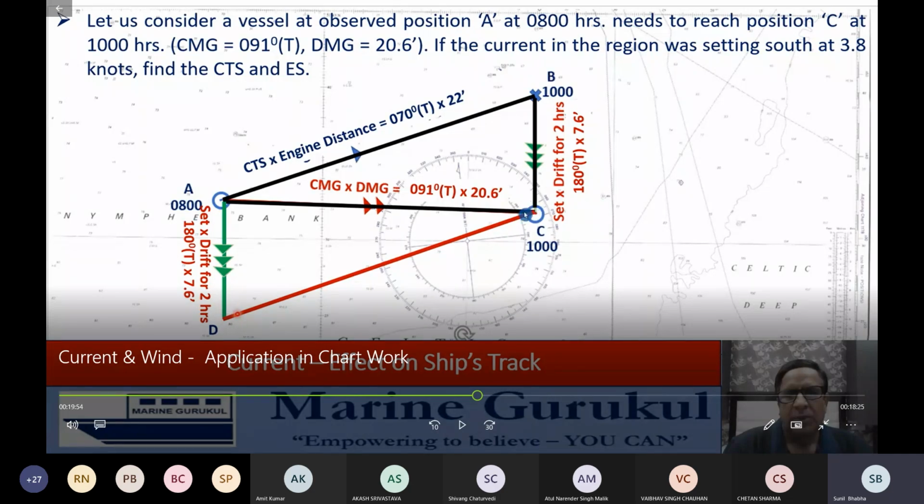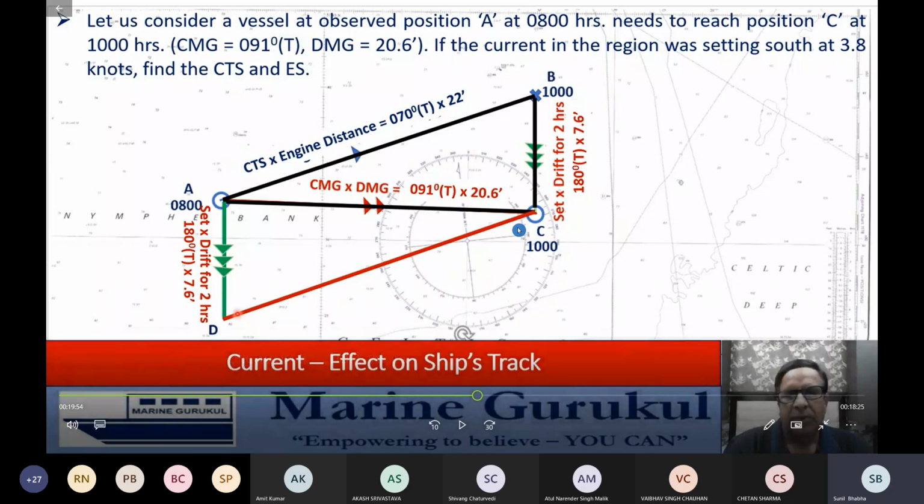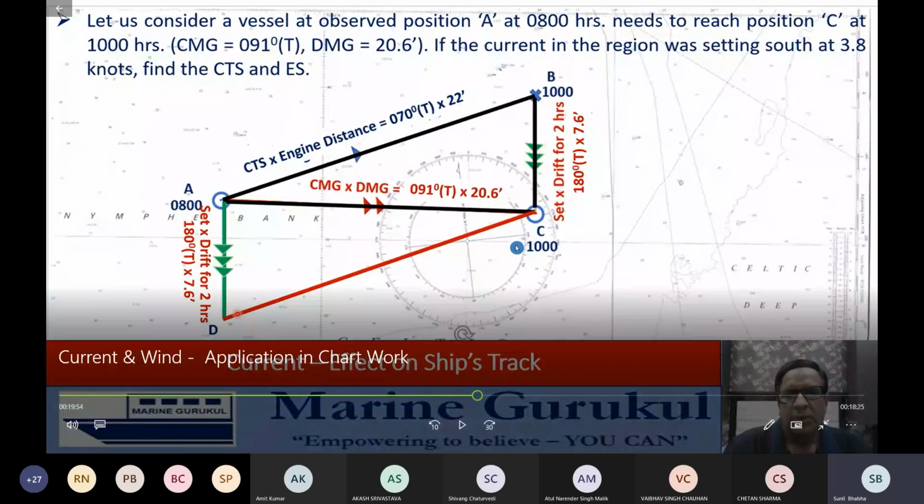The destination position is known to us, that is the C point, Charlie point. If you join D to C, Delta to Charlie is the CTS vector, and it can be easily read out from the chart. So we are proceeding further now, strengthening the concept of allowing for the current and counteracting the current, and also discussing wind.